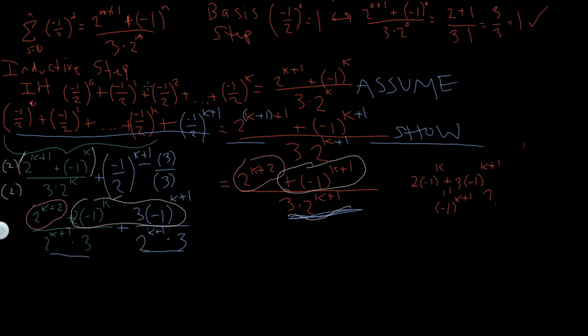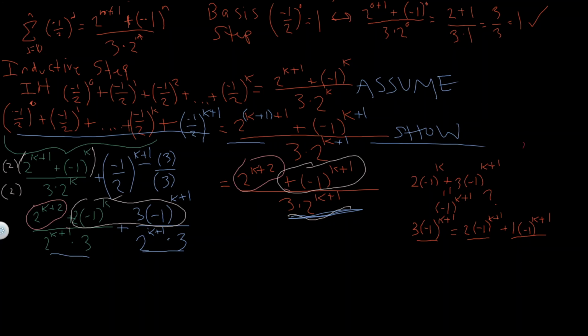So let's say that 3 times negative 1 to the k plus 1 is the same as saying 2 times negative 1 to the k plus 1 plus 1 times negative 1 to the k plus 1, because 2 of something plus 1 of something is 3 of something, right? So that's an equivalence. So let's rewrite this now.